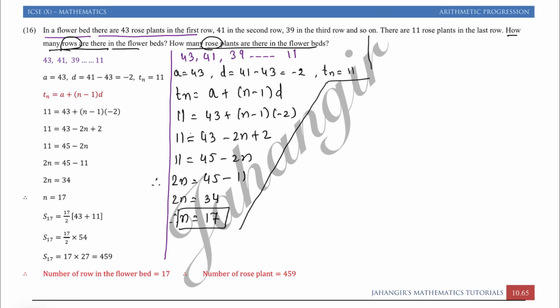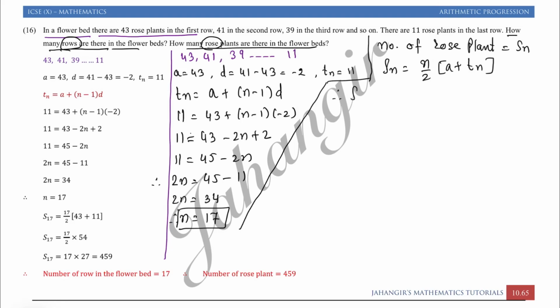Now we have to find how many roses are there. So the total number of rose plants is equal to Sn. The Sn formula we can take is n upon 2 into (a plus Tn).